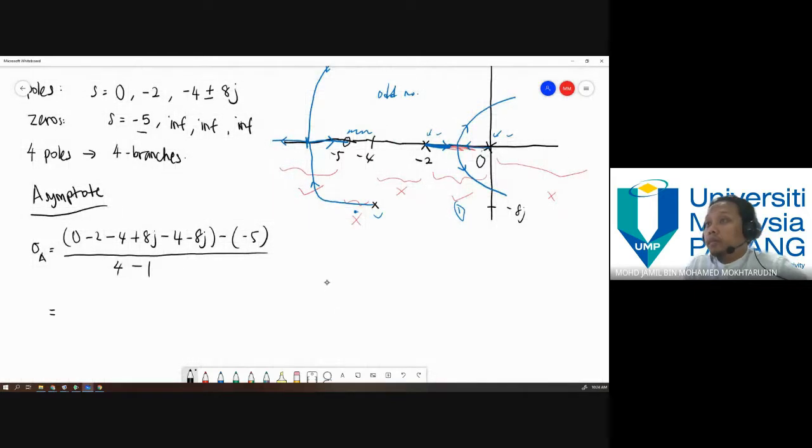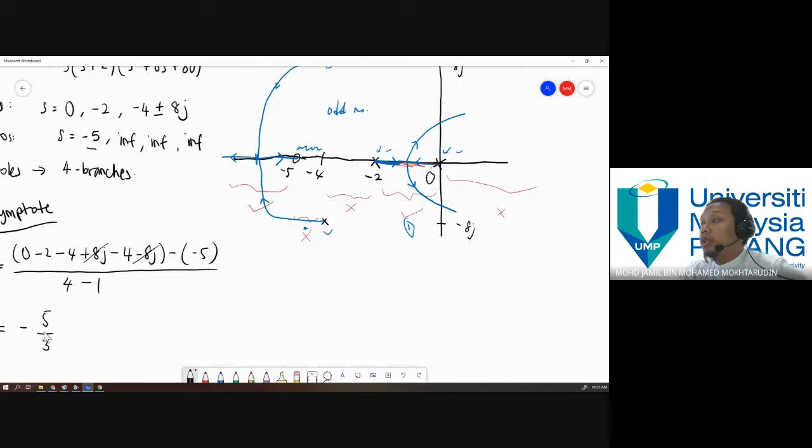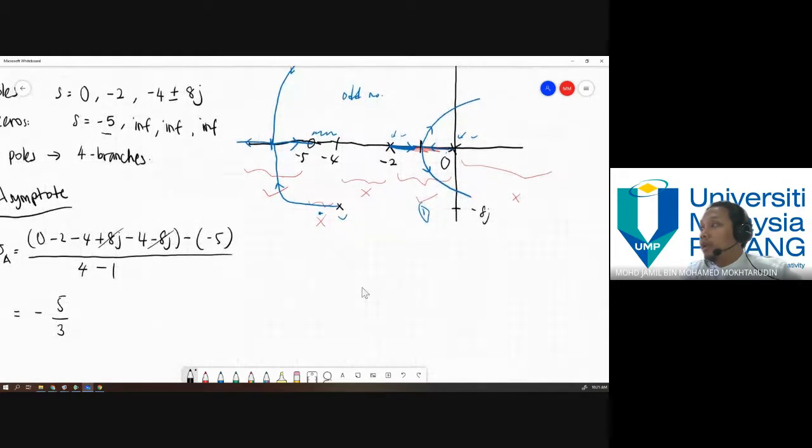So we get -10 plus 5, over 3, which is -5/3. So we have asymptote. So -5/3, pakai calculator, it's -1.6 somewhere here. So we have asymptote here.